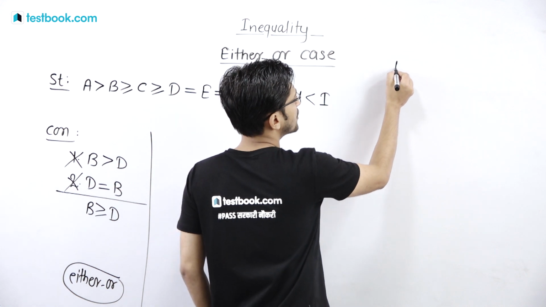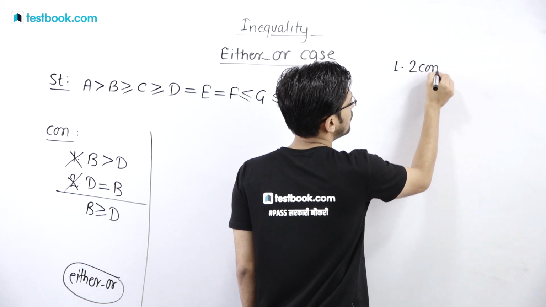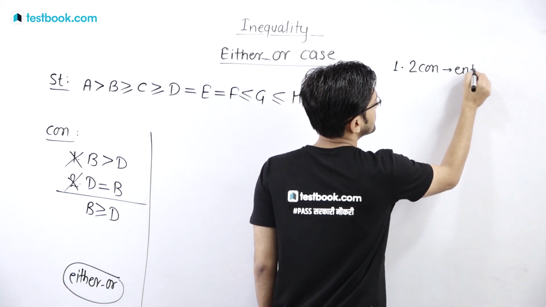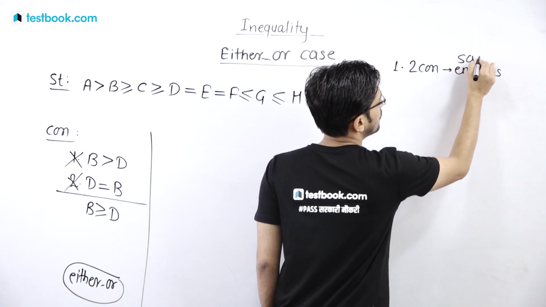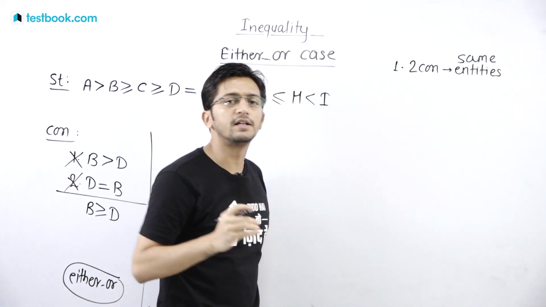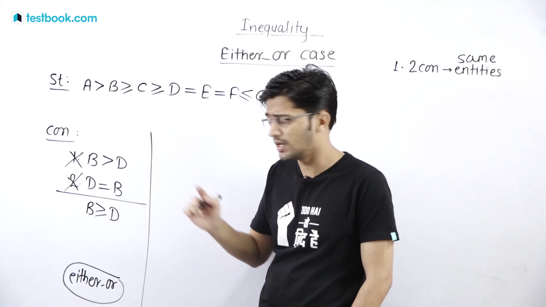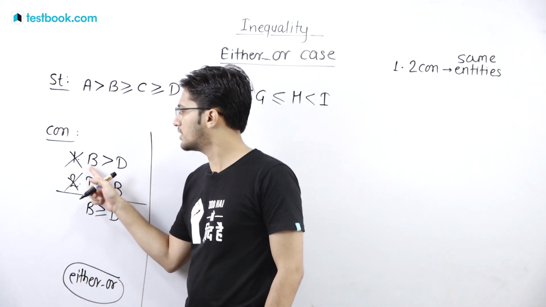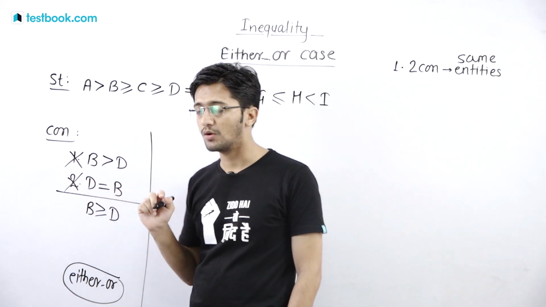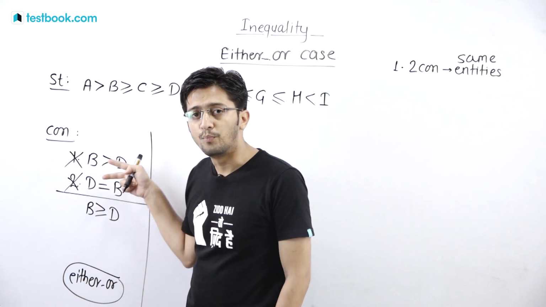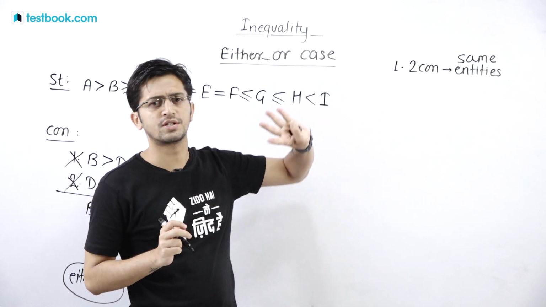The very first condition for either or is that we must have 2 conclusions in which the entities are the same. Let us understand whether this first condition is satisfied here or not. The first conclusion has B and D, and the second conclusion also has D and B. Both conclusions have the same entities, and that's why the first condition is satisfied.